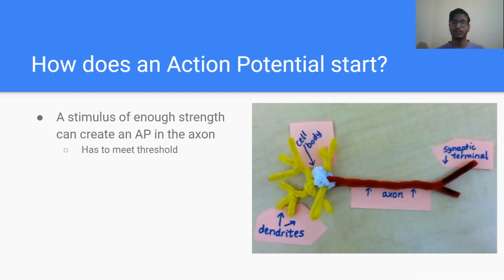If the stimulus is strong enough to surpass that threshold and create an action potential, it will form at the beginning of this tail-looking thing, this red thing called the axon. It'll start an action potential and send it down the axon, and the synaptic terminal is where it'll be passed on to its destination or passed off to another neuron in the chain.